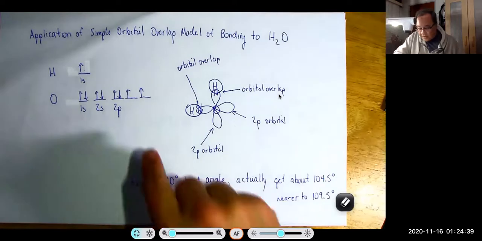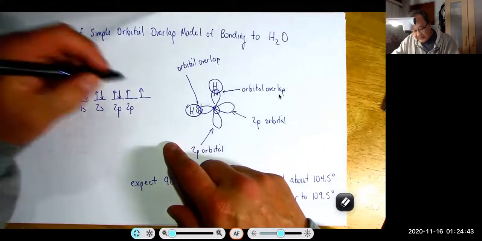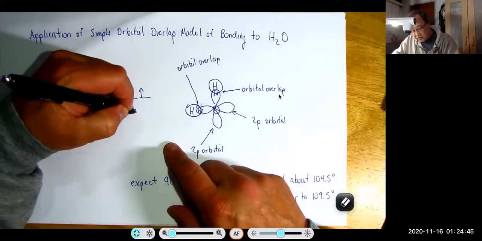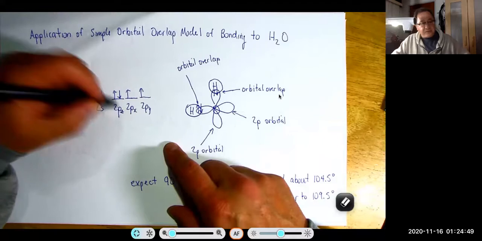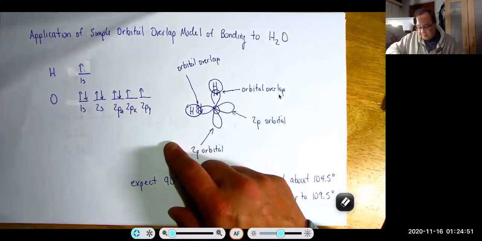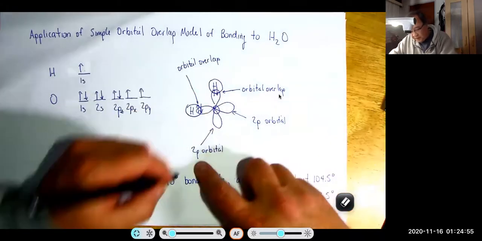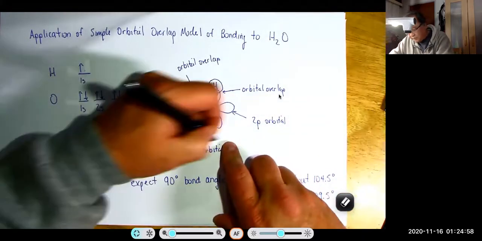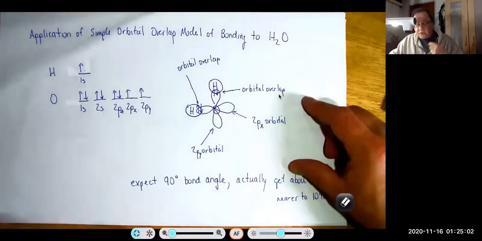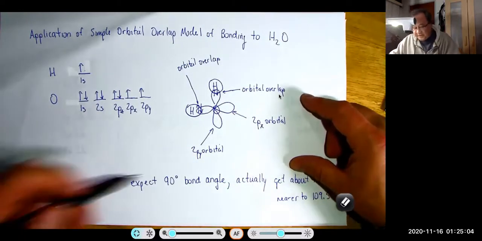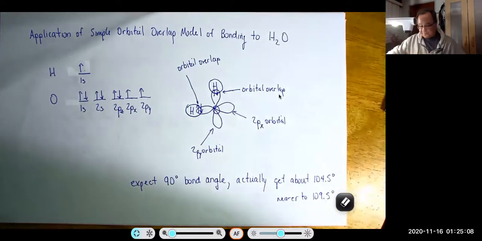And what I've drawn here is, we'll pretend that this one is a 2px and a 2py, and this will be the 2pz. The 2pz is the one that goes in and out of the plane of the paper. So here, this would be the 2py, this would be the 2px, and those are those two 2p orbitals, and you can see that they are orthogonal or perpendicular to one another.